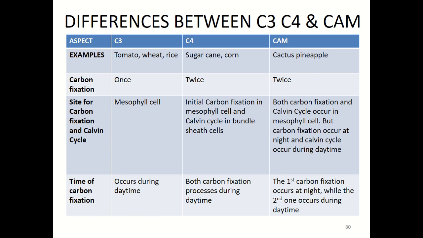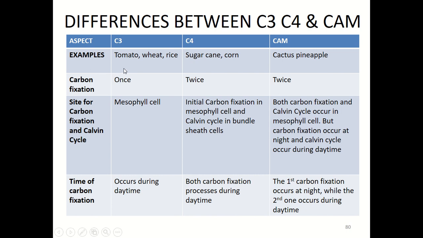So let's look at the differences between C4, C3, and CAM plants. C3 is known as C3 plant because the first product of carbon fixation has 3 carbons, and in C4 plants, the first product of carbon fixation has 4 carbons, which is oxaloacetate, and CAM is called CAM because they use crassulacean acid metabolism to fix their carbon.